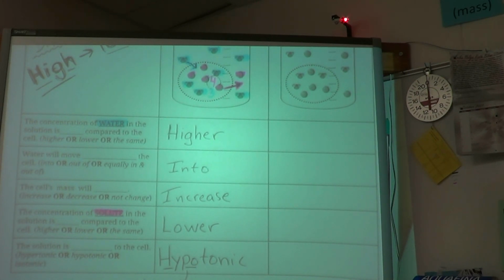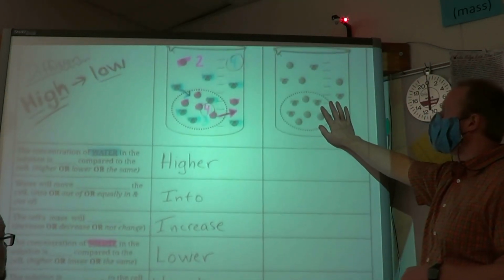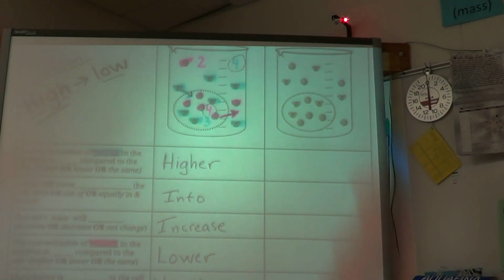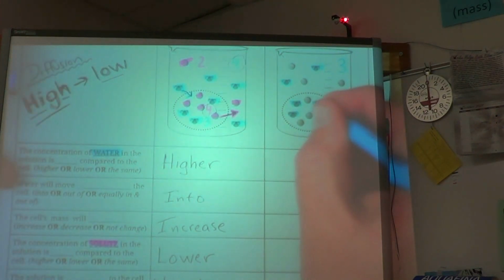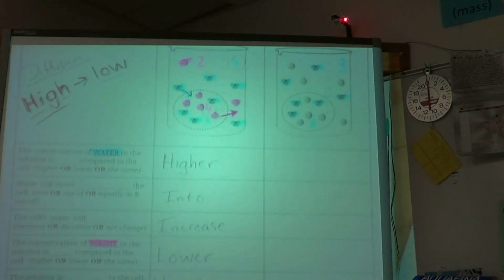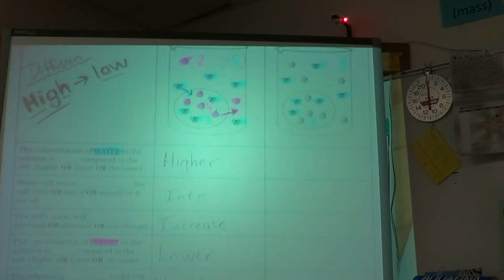That's a good idea. Okay, so we're going to use the exact same color coding scheme in this one as we did before. We're going to go through and say how many solutes are there, how many pinks are on the outside, how many blues are on the outside, how many pinks are on the inside. So Mr. DeBoer is going through and he's looking at the water, and then he's going to go through and do the solutes.